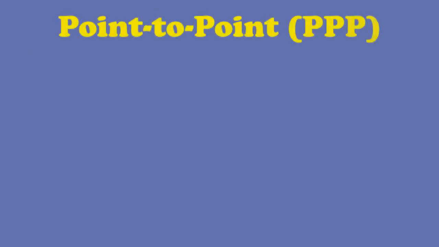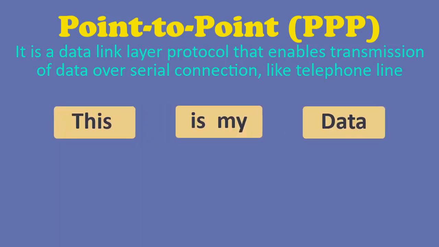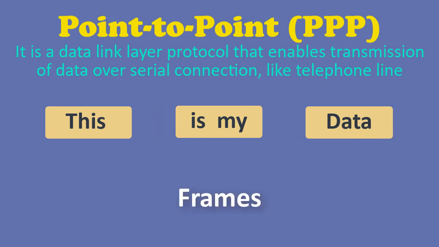Next is Point-to-Point Protocol or PPP. It is a data link layer protocol that enables transmission of TCP/IP traffic over a serial connection, like a telephone line. It divides a stream of data into shorter pieces called frames. It defines a framing method to clearly define the end of one frame and the start of another.